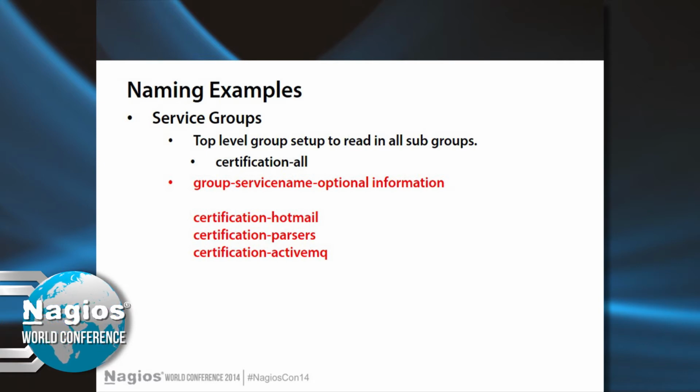And the only way I was able to do that was by putting a 0 in front of my main base groups, and then letting the others stay as certification or whatever the group name. It works. It's not pretty. People have asked multiple times in the forums, and I've opened up a bug tracker for this as a future enhancement. We may get some sorting features to service groups and host groups in the future.